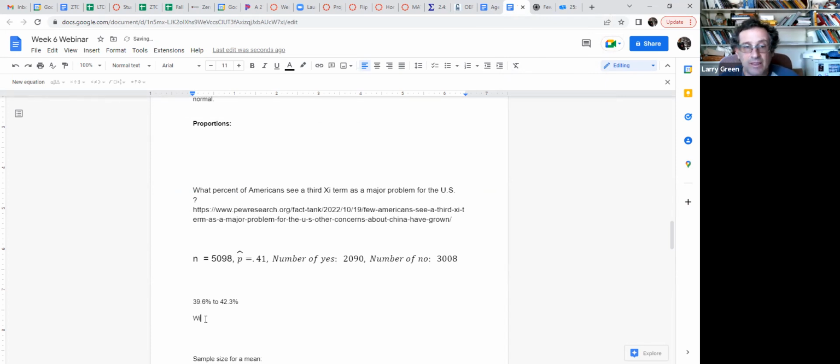And what we could say is that with 95% confidence, between 39.6% and 42.3% of all Americans are somewhat concerned about Xi getting a third term.